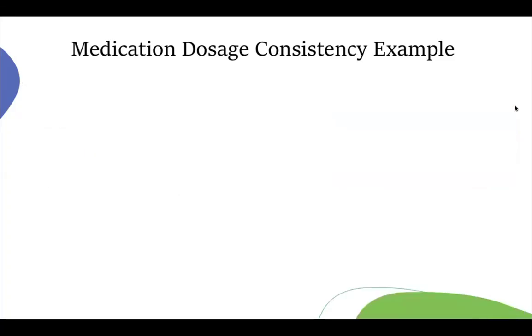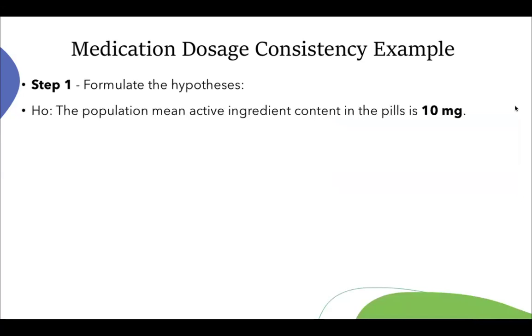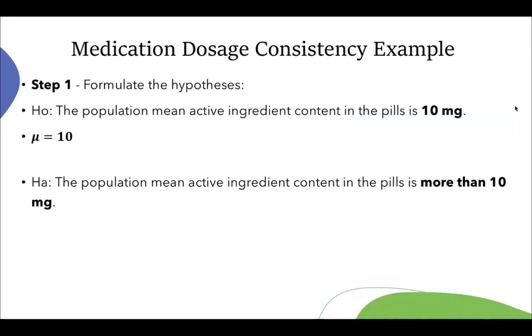So let's write H0 and HA out. H0, the population mean active ingredient content in the pills is 10 milligrams. Mu equals 10 is the symbols. And HA, the population mean active ingredient content in the pills is more than 10 milligrams, mu greater than 10.